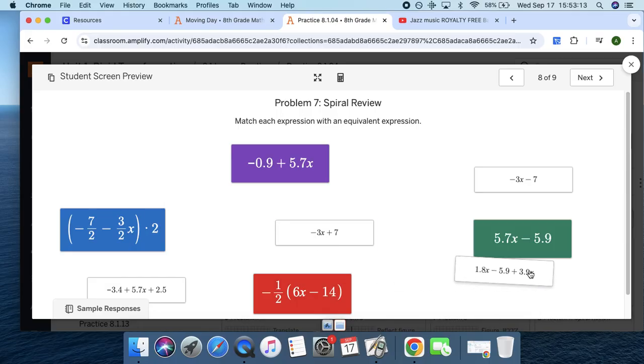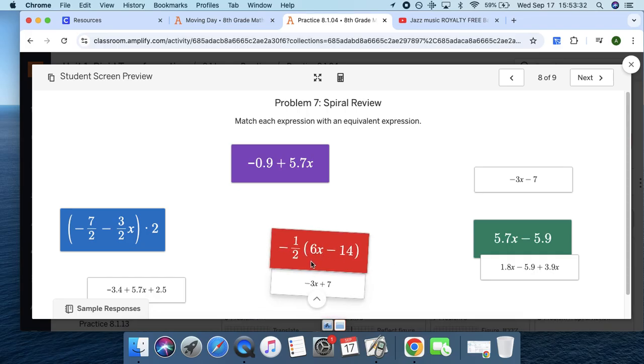These two look the same. Yeah, because 1.8x and 3.9x is 5.7x minus 5.9. So those two are the same. This one, negative 3x plus 7. So right here, these two match.